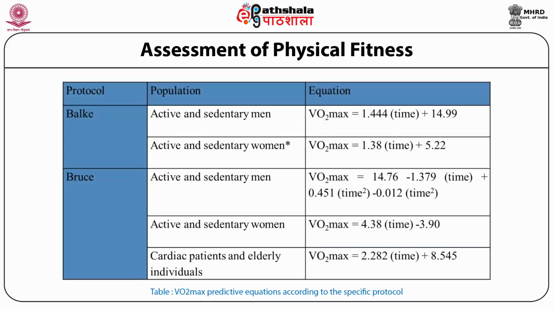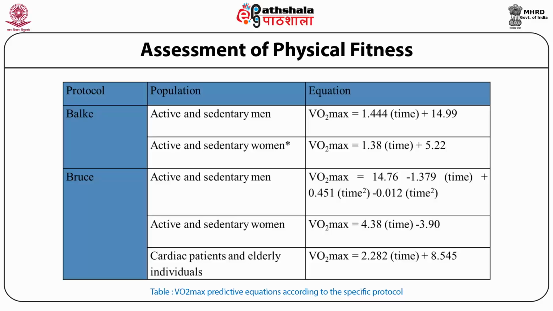This table shows us the predictive equations for the VO2 max according to the specific protocol of Balke and Bruce. It shows the population category with the respective equation to be used to calculate the VO2 max in that particular population group.